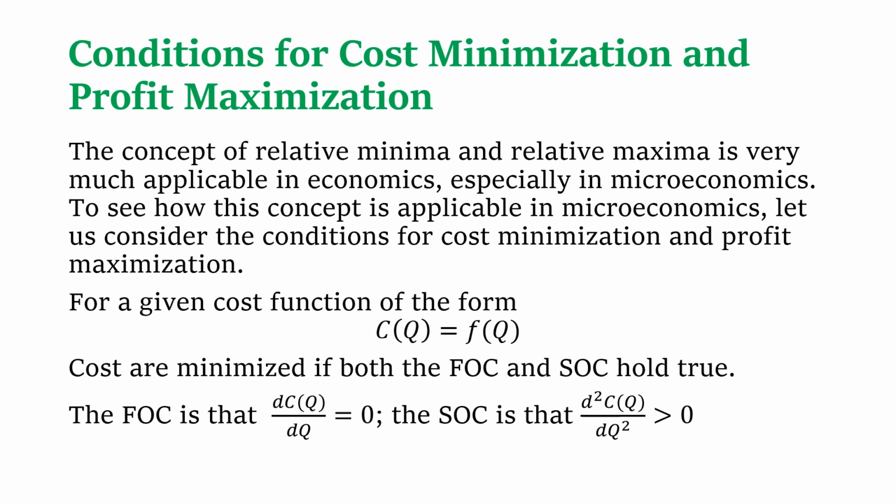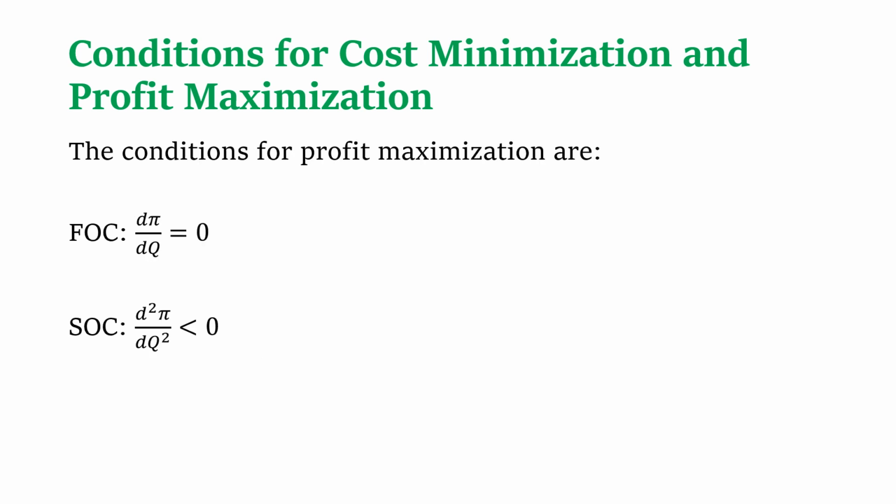For a given cost function given as C(Q) equals f of Q, the first order condition for minimization is dC/dQ equals 0, and the second order condition for minimization is that the second order derivative is positive, right?